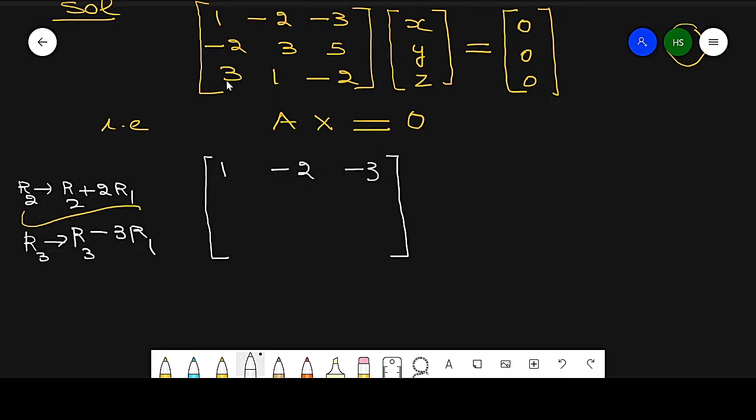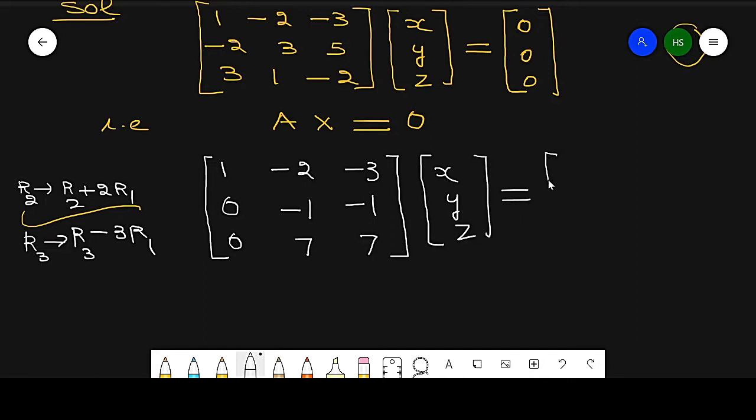Second, multiply by 2, then add: 0 minus 1 minus 1. Multiply by minus 3, then add: 0, 6 plus 1 is 7, and 9 minus 2 is again 7. This is my first step.